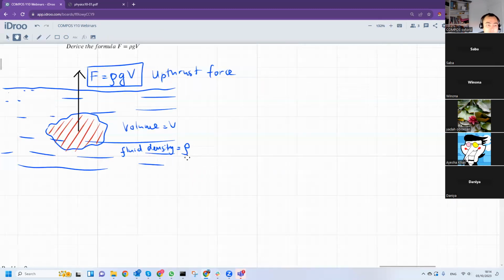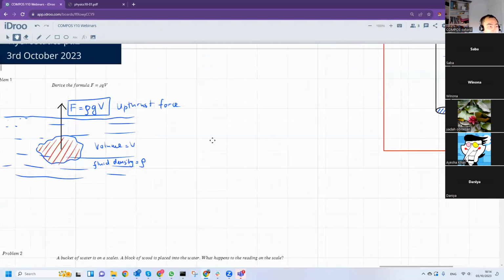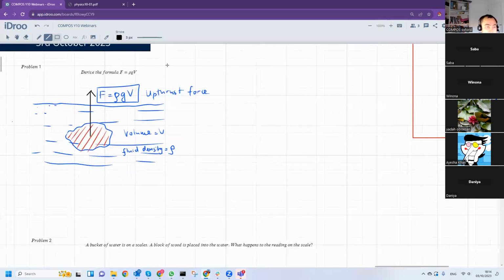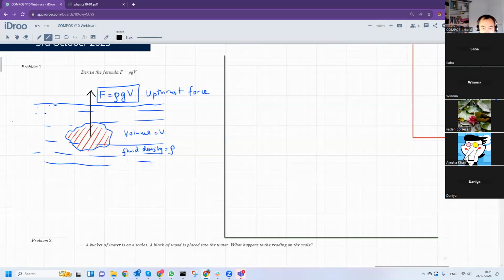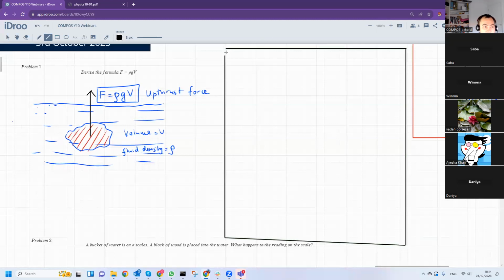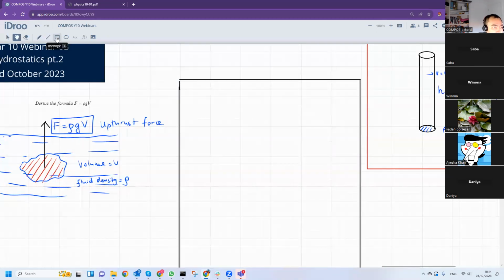So we are going to prove that formula, and I'll try to do this quickly. Imagine we have an object which is a cuboid. Actually, a cube. That would make life easier for us. Imagine the object is a cube, and it's suspended in a liquid.